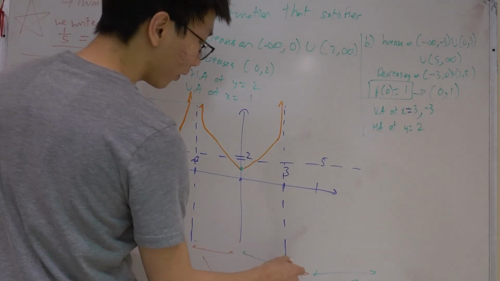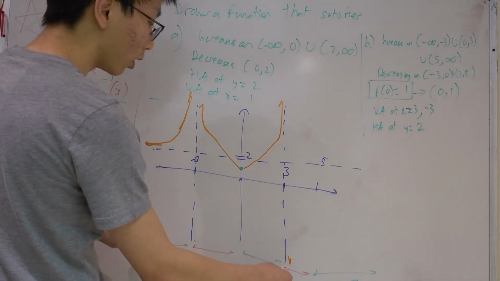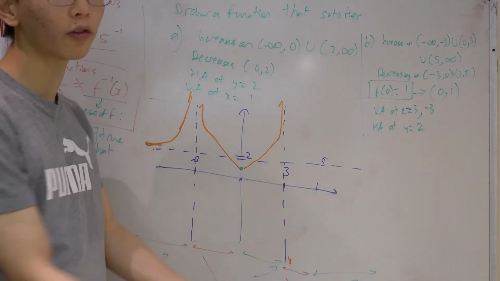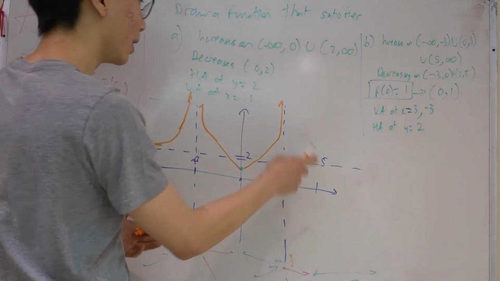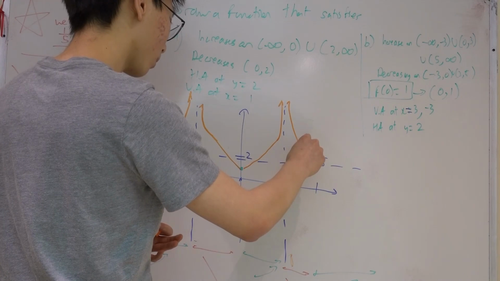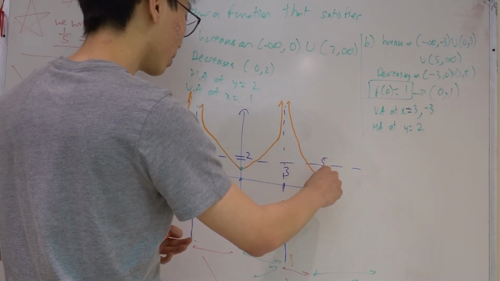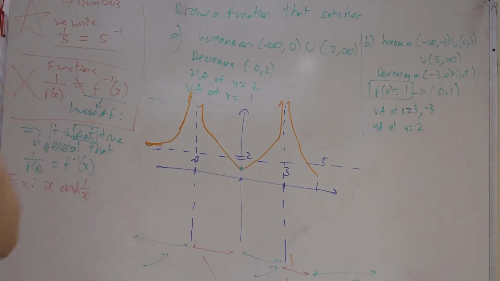So what if I try going from here? Oh, but then we run into the same problem we did here. If we need to go down, we can't start from negative infinity. We have to start from infinity. You can only drop from a higher place. So you start from up here, and you start dropping until 5. What happens at 5? You need to start increasing. Now, because I already took care of the horizontal asymptote here, I don't need to, but I will just for now.